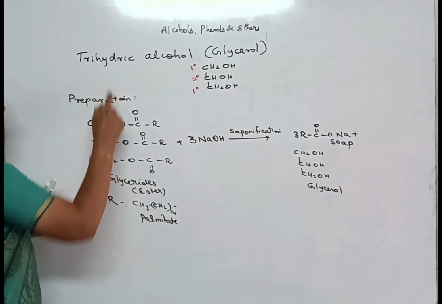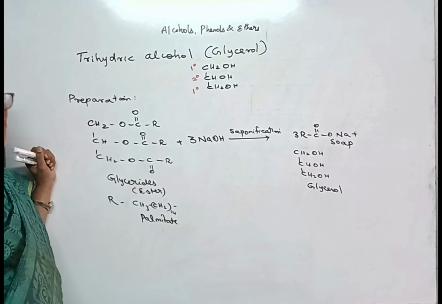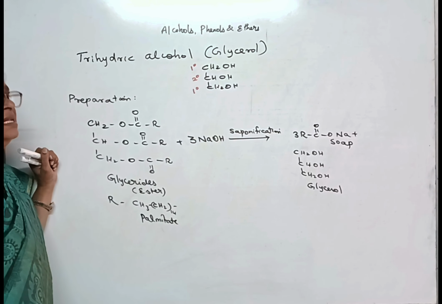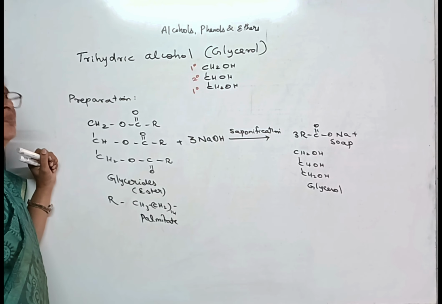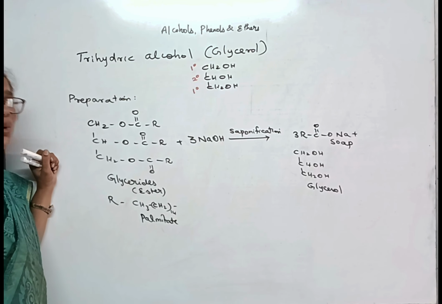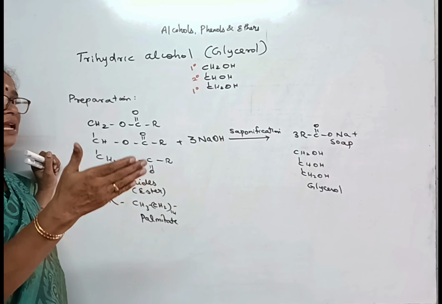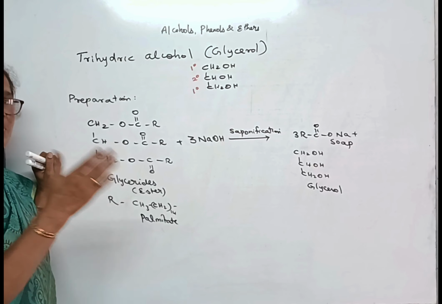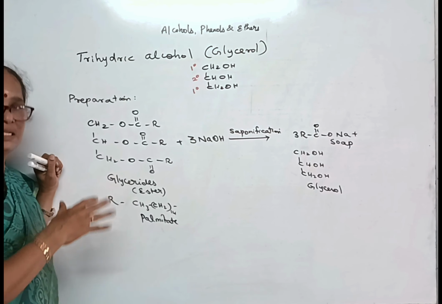It is prepared by the saponification reaction. What do you mean by saponification? Saponification is the preparation of soaps from palmitic acid, oleic acid or stearic acid. Palmitic acid, stearic acid and oleic acid are all present in vegetable oil in the form of glycerides.